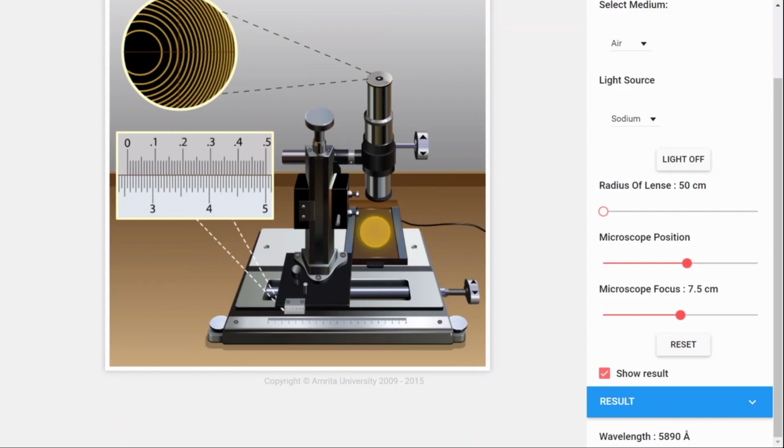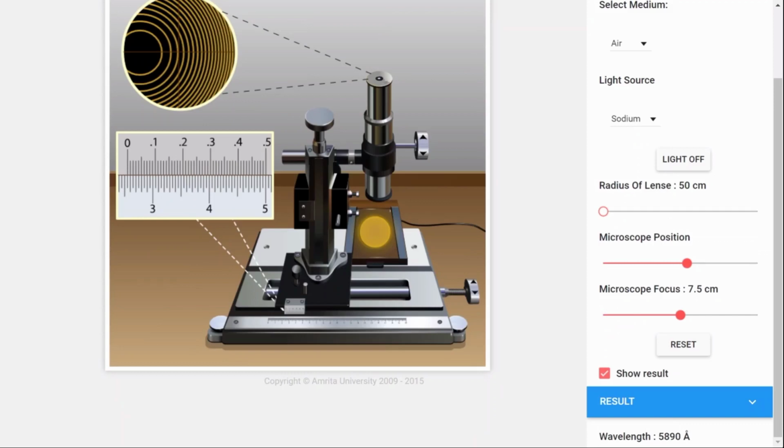So ultimately, you will find out the wavelength which is nearer to this answer, 5890 angstrom. I guess you are having 5794 angstrom as an answer. That is comparable, no issue in that.